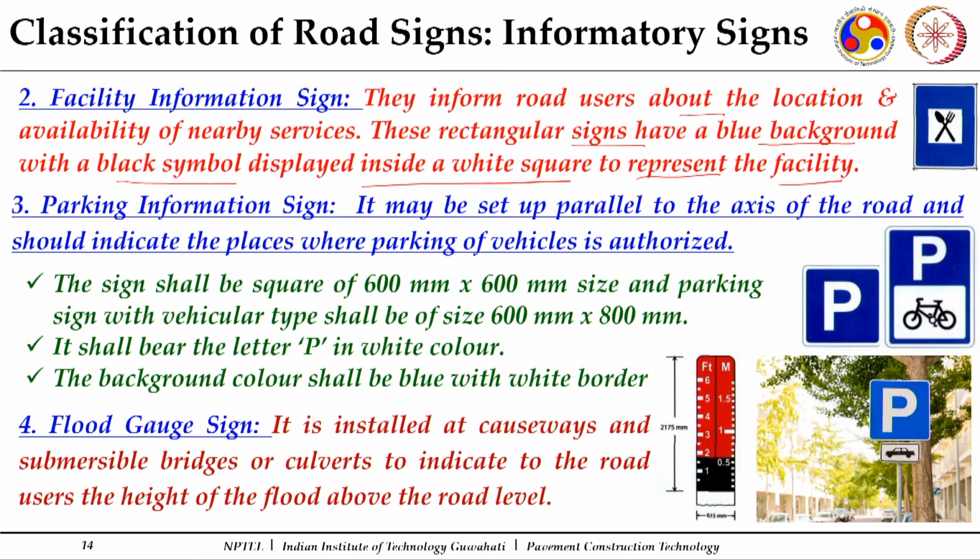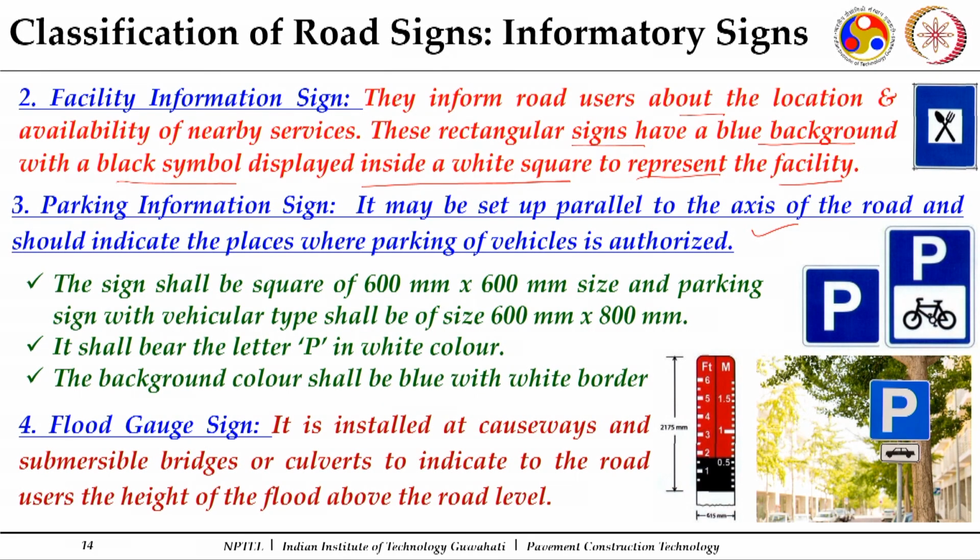Now the other one that comes under informatory and guide signs is parking information signs. They may be set up parallel to the axis of the road and should indicate the places where parking of vehicles is authorized.